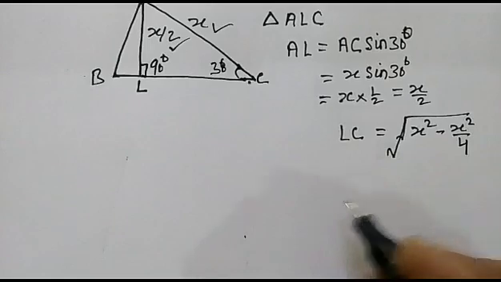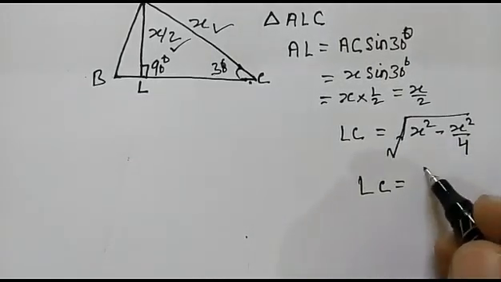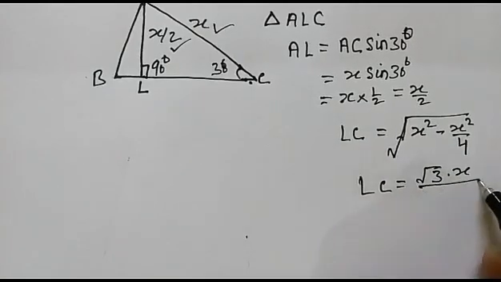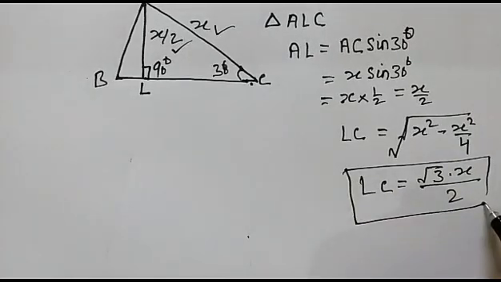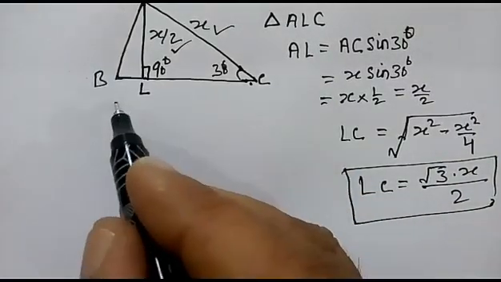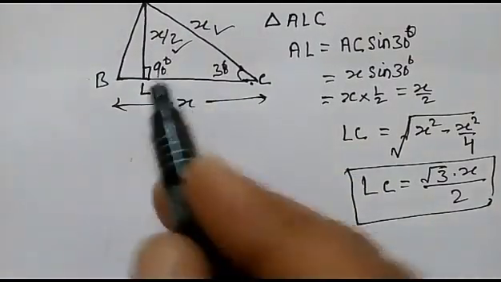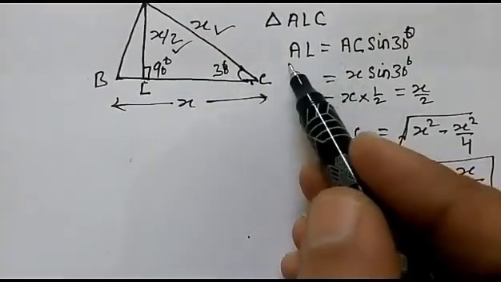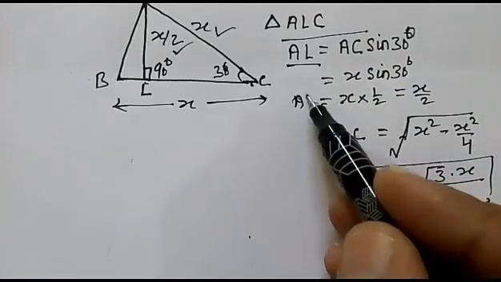So LC will be equal to square root of 3 into x over 2, right? LC, total length x. So LC will be equal to this, right? And AL is this.